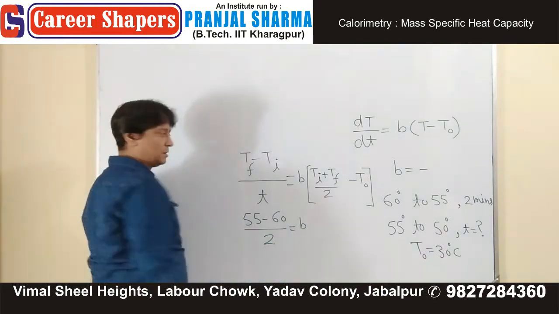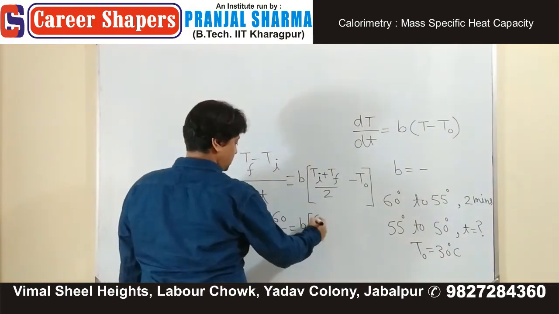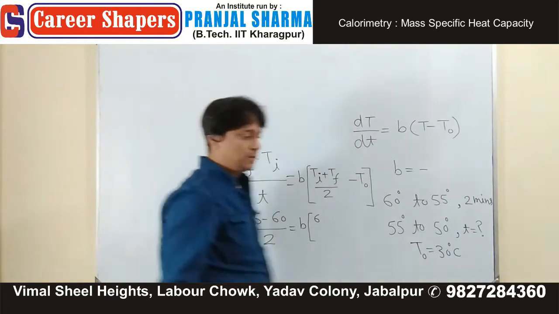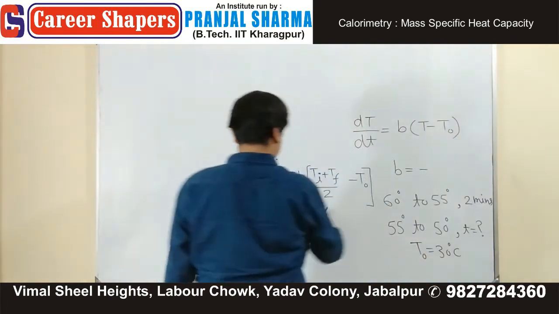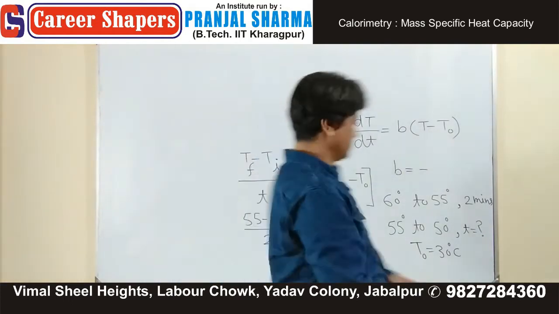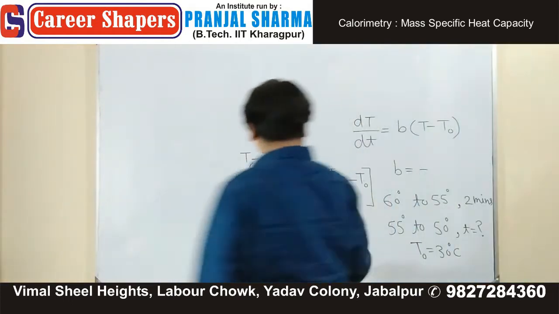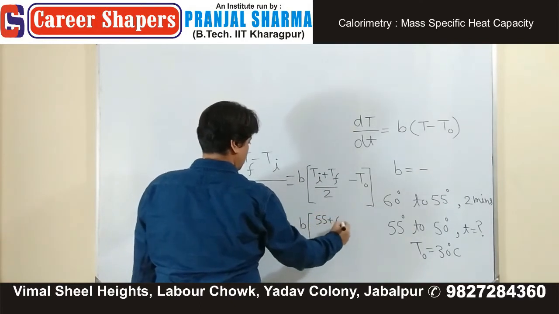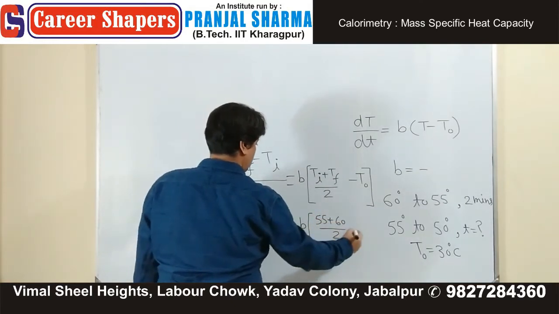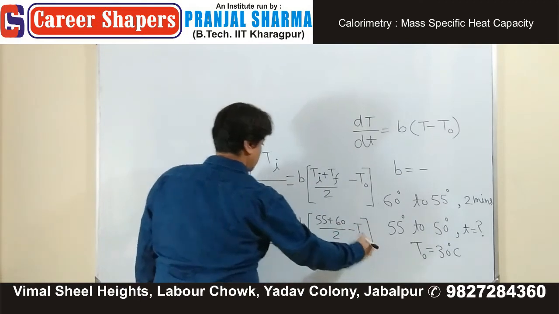Equals constant B times T initial plus T final divided by 2, minus T naught.